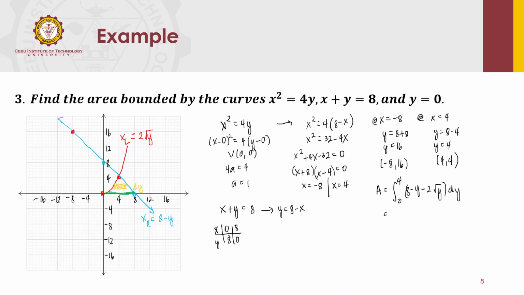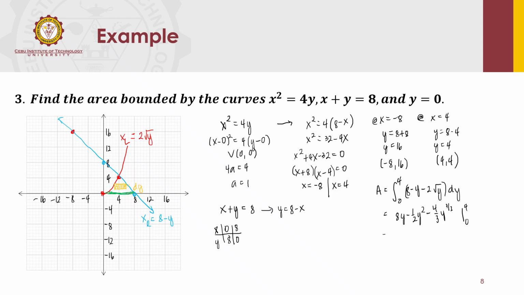And integrating, you have 8y minus 1 half y squared, and then 2 square root of y, or y to the power of 1 half, becomes y to the power of 3 halves over 3 halves, or minus 4 thirds y to the power of 3 halves. Evaluate from 0 to 4.